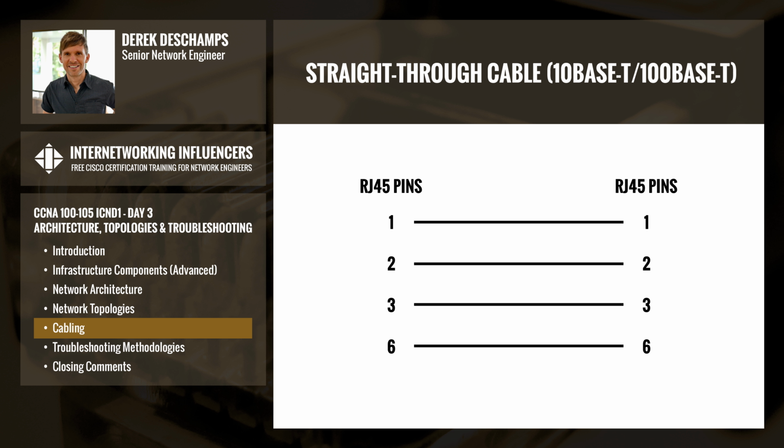For example, a straight-through cable would be used for connecting a device that transmits on pins 1 and 2, like a PC network card, router, or wireless access point, to a device that transmits on pins 3 and 6, like a switch or a hub.